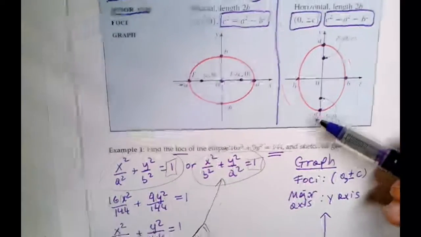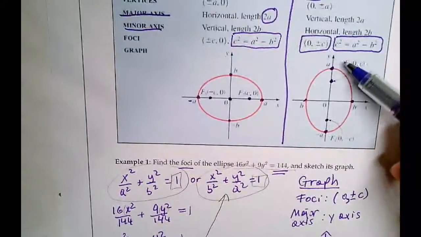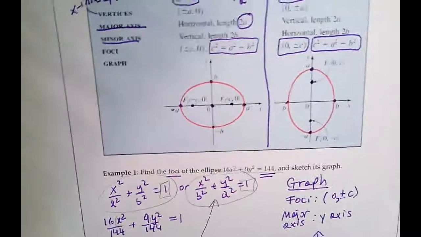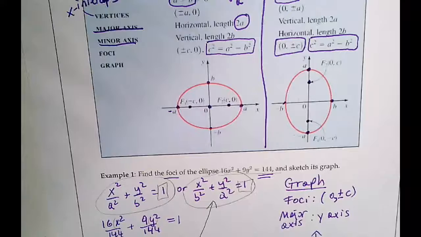So I know that a is 4, so I'm going to have that the vertices are 4 and negative 4.